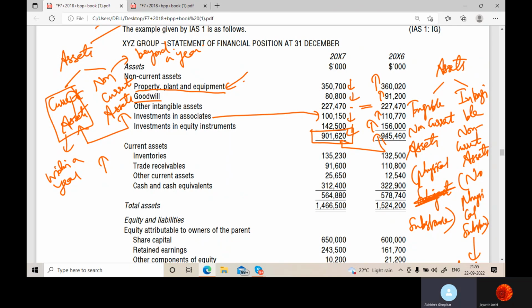Sir, it's 807,160. How come it's possible, Abhishek? 9,45,460 minus 9,01,620. Difference is what? Simple. This minus this. Can't you tell me how much it is? Come on, do that. Write on this. Okay, put all this figure into calculator. Minus this figure. Fast.